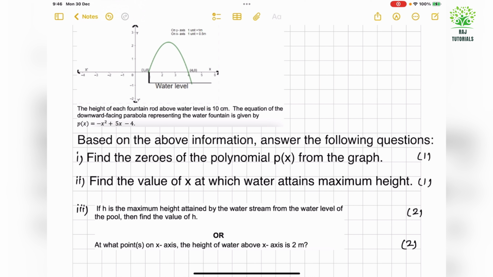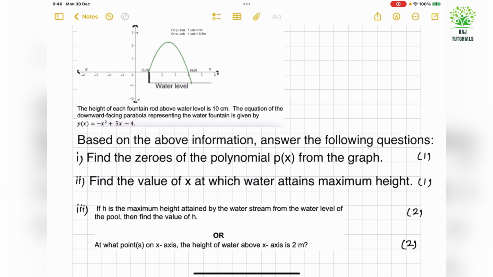The first one is, find the zeros of the polynomial p of x from the graph. If I see the graph, I can clearly say that the zeros will be 1 and 4. Then the second one says, find the value of x at which water attains maximum height.